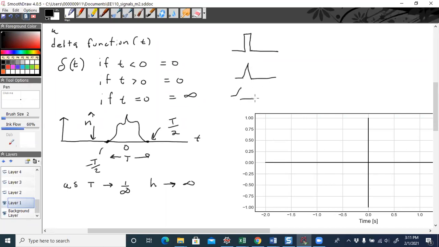This kind of, well, let me try to draw that a little nicer. This kind of Gaussian shape could be a delta function, all right?